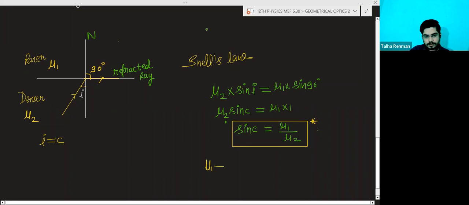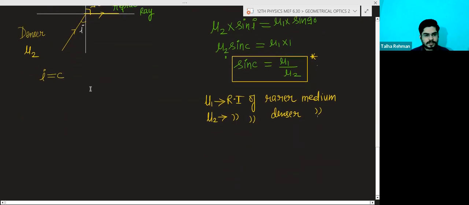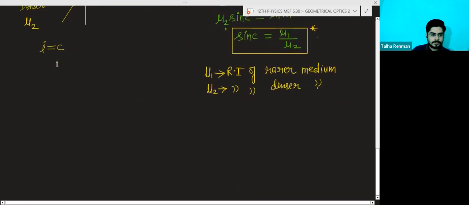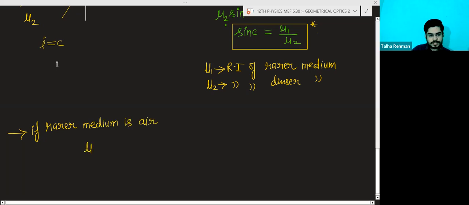If the rarer medium is air, for example, mu1 is equal to 1.